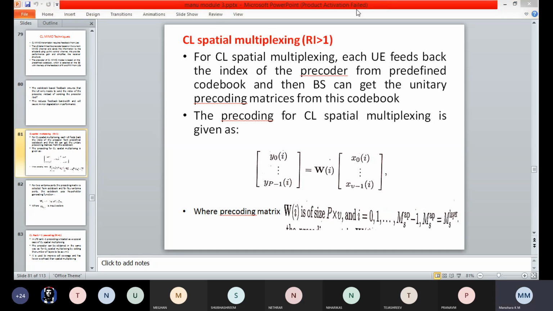Here for the closed loop spatial multiplexing, each user feeds back the index of the precoder from a predefined codebook that achieves the best performance, and then the E node B can get the unitary precoding matrices from this codebook.